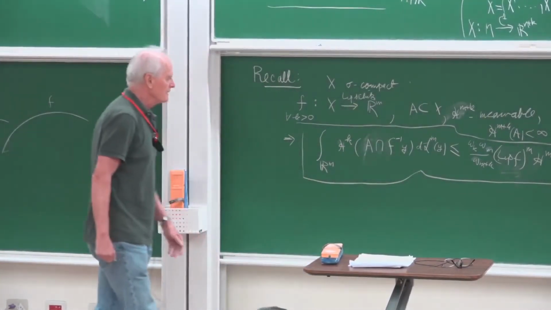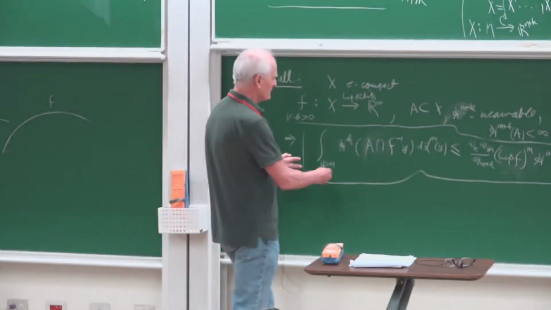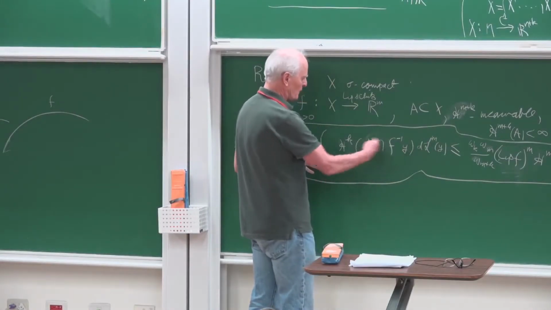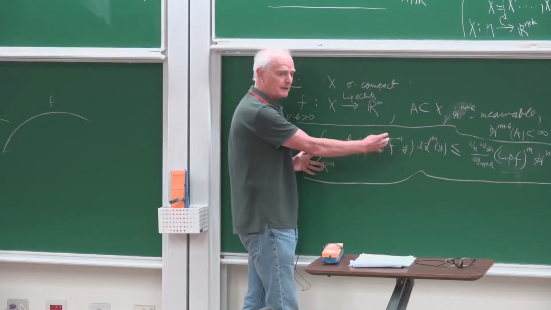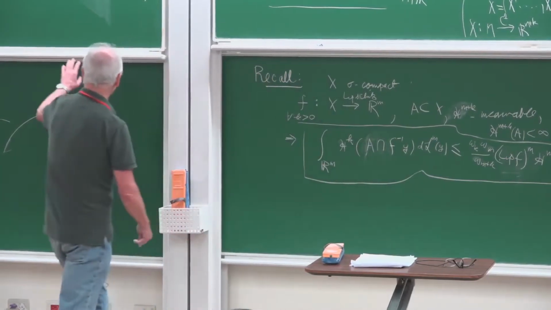Nice fact. Now, there's something called the co-area formula that, instead of getting an inequality for this quantity, actually gives you an equality. You get an exact formula. That's the co-area formula.